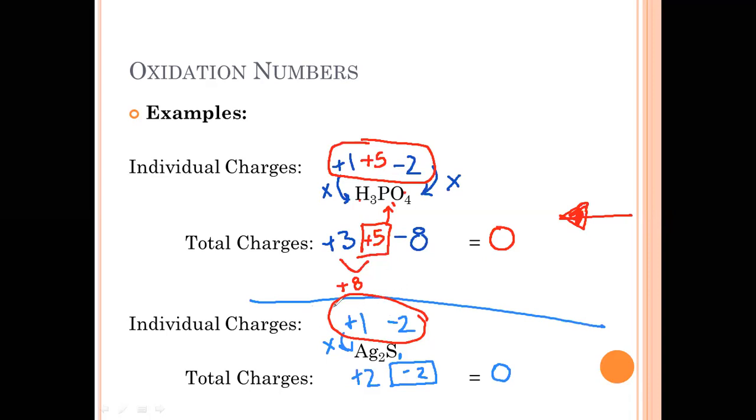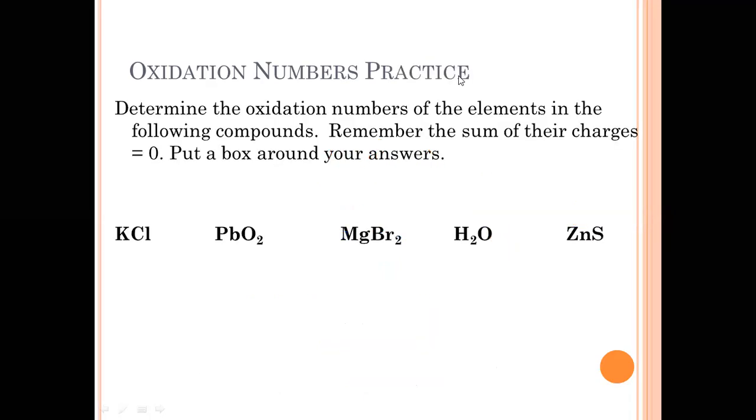I would look in my periodic table to see, of those 2 elements, which ones have only one option for charges. Okay, so why don't you push pause and try to do these problems, and when you come back, I'll go over them.